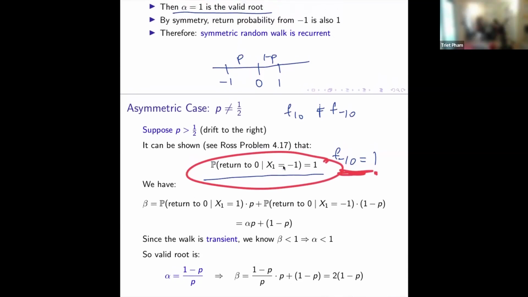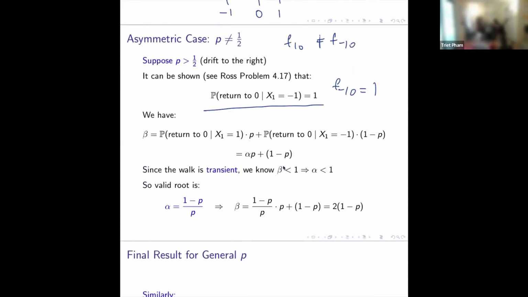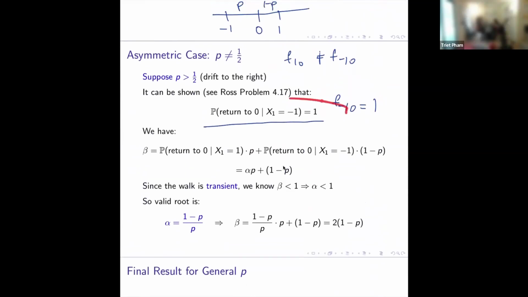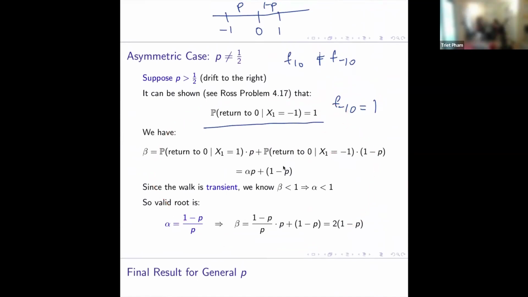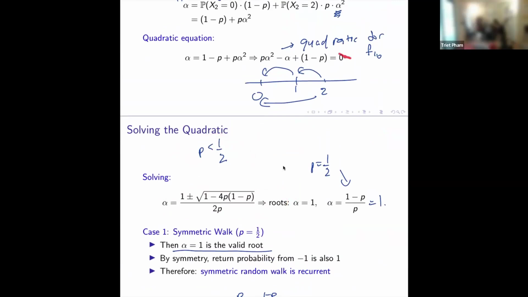So here, let's take a look at this to show you. This is just to make you think, but you can turn the situation around and analyze this when p is less than 1/2. If p is less than 1/2, notice this is the root of this equation for whatever value of p it is.